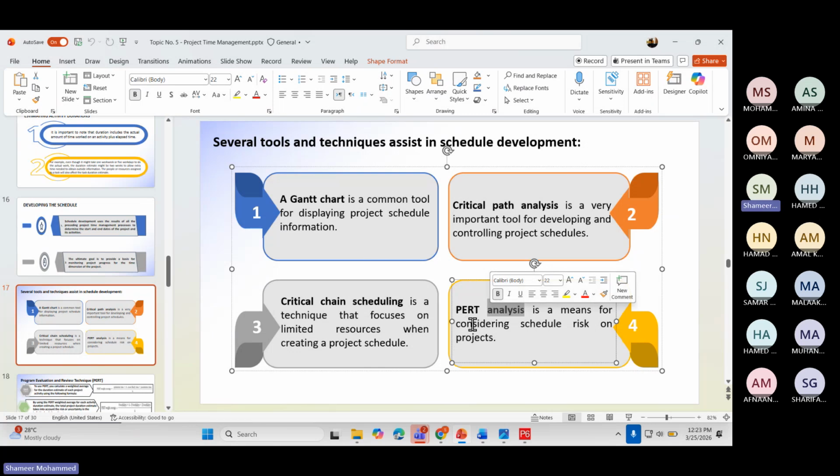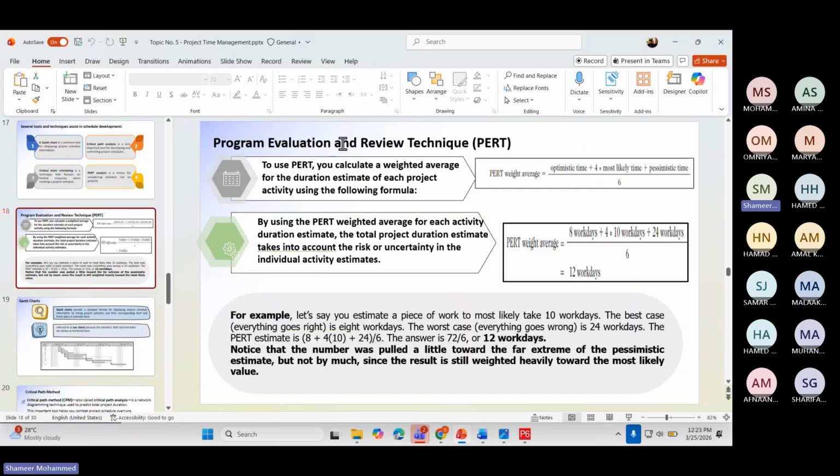Project evaluation and review technique is a tool through which you can control the risks on the project time. Right? What is this one? PERT, program evaluation and review technique, or project evaluation and review technique. This is called the weighted average formula for estimating the duration of each project activity.